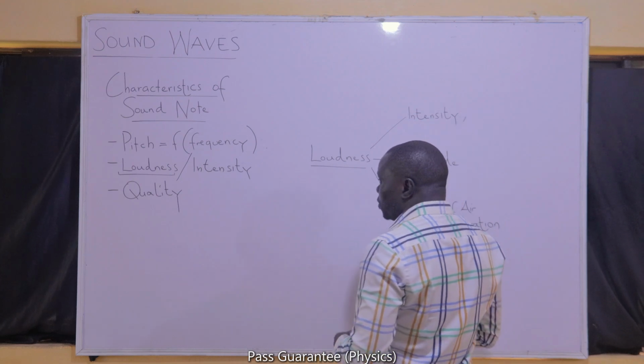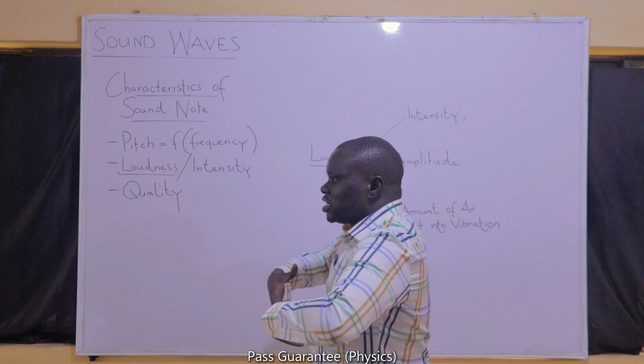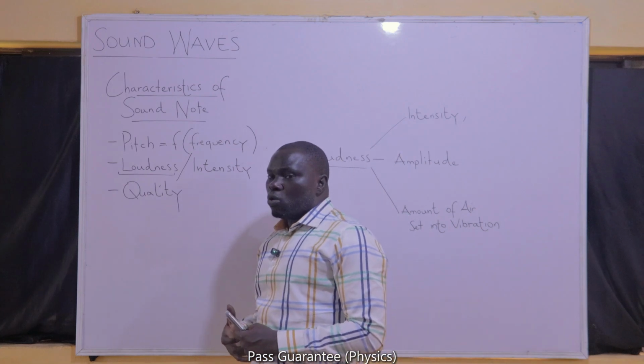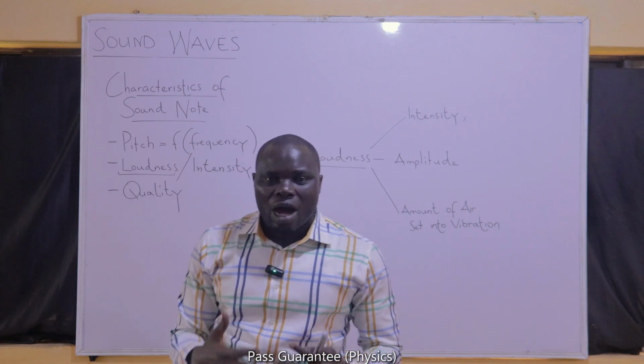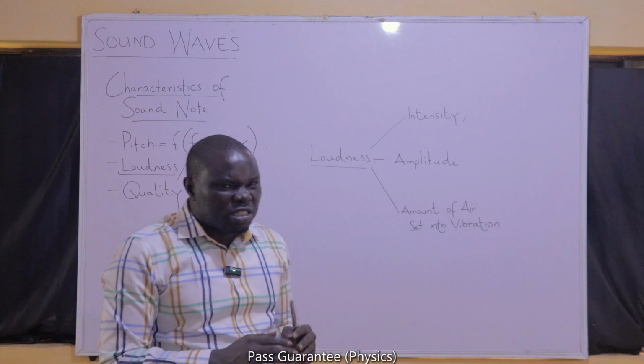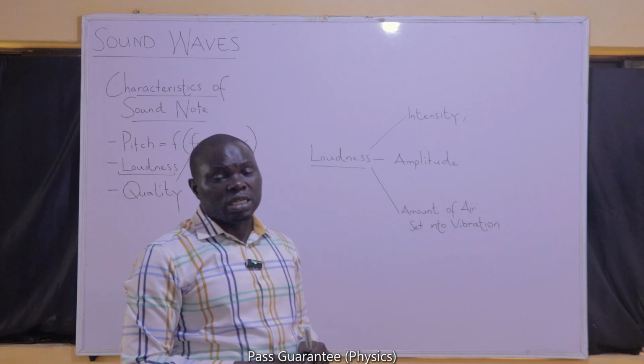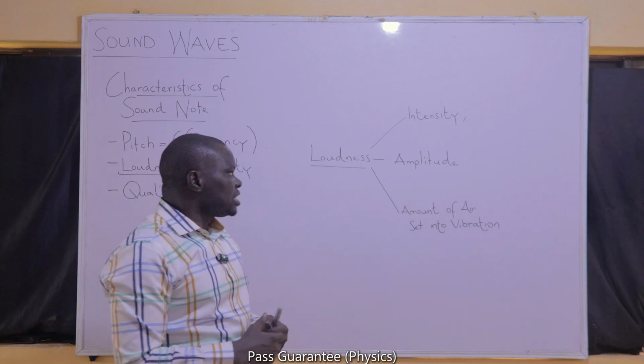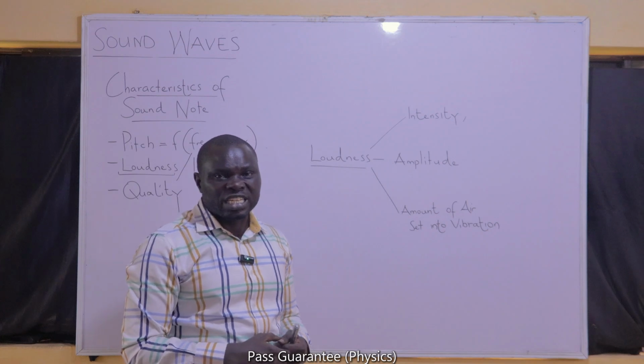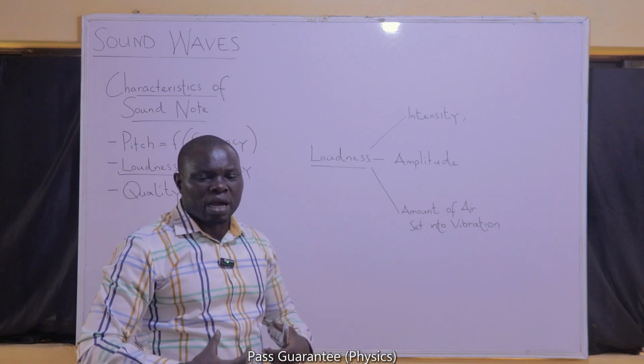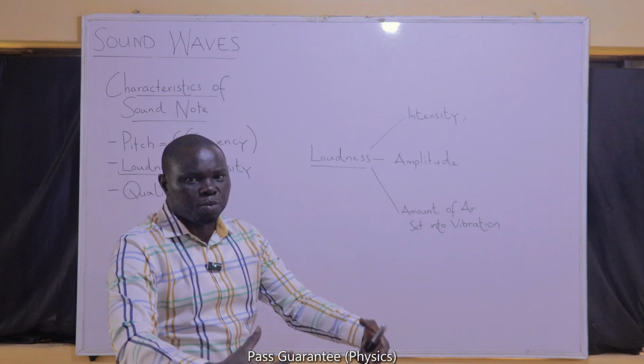Intensity, of course, if you speak with a great intensity, the sound you are going to utter will be louder. If you speak with just a small amount of intensity, then the sound that you are going to utter will be silent. Intensity is a measure of the amount of energy that you put into your speech.